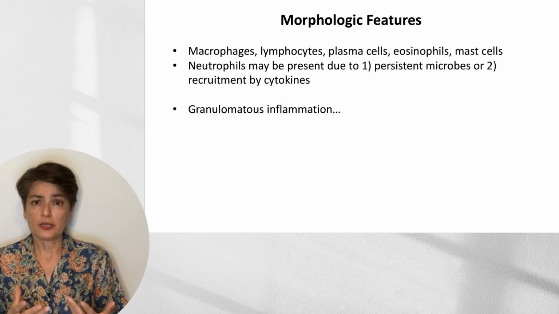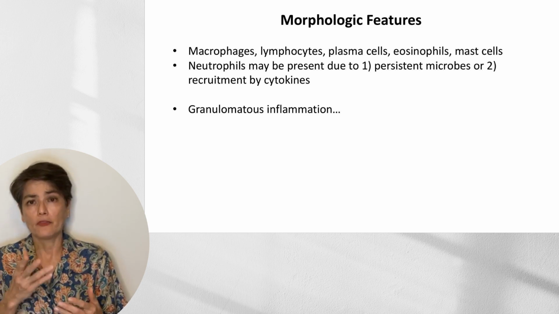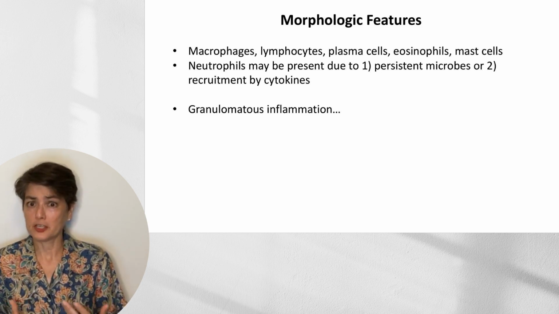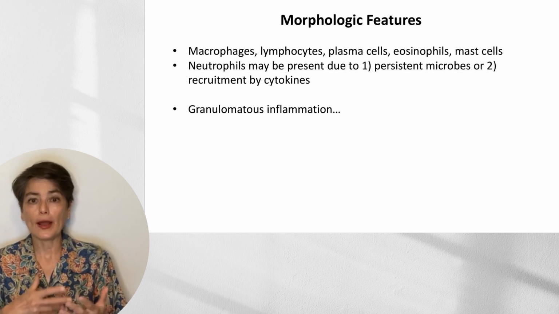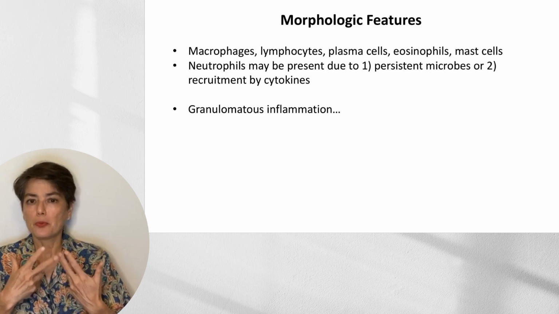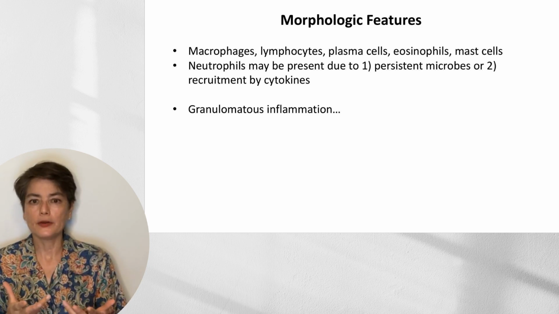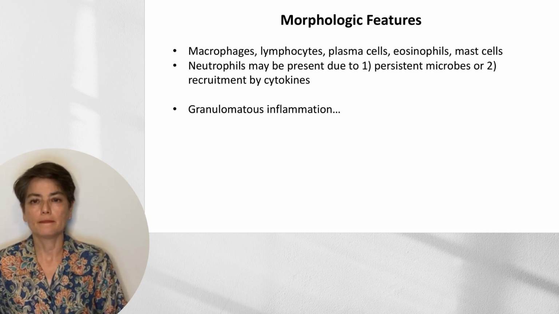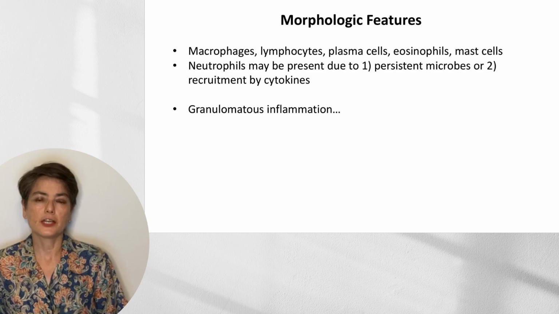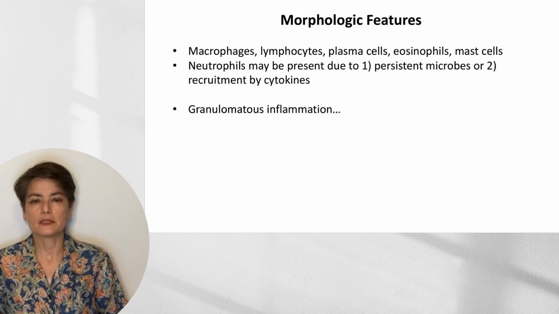So if we're looking perhaps at an ulcer, we have continued exposure and colonization by microbes. Or it can be recruitment by cytokines, because when you have this cast of thousands, they're putting out all of these inflammatory mediators, and the curious neutrophil is going to come on over to check out and see what's going on. Now, another important morphologic manifestation of chronic inflammation is granulomatous inflammation.